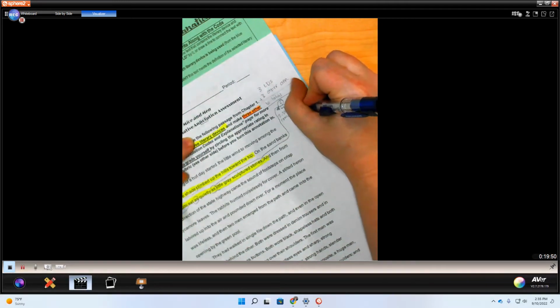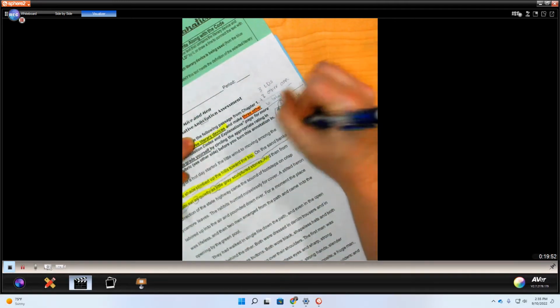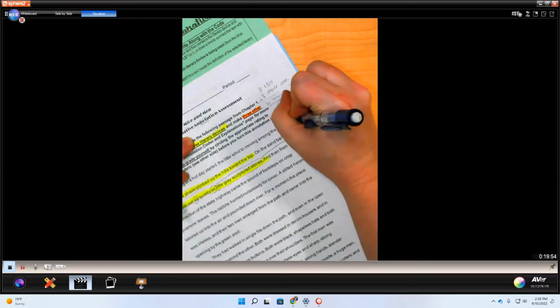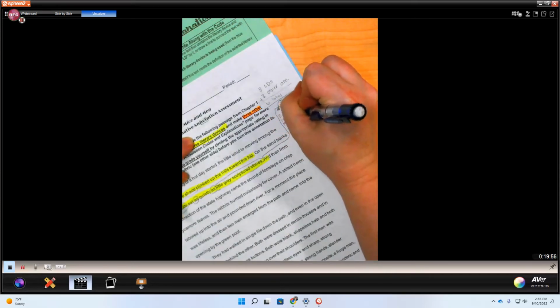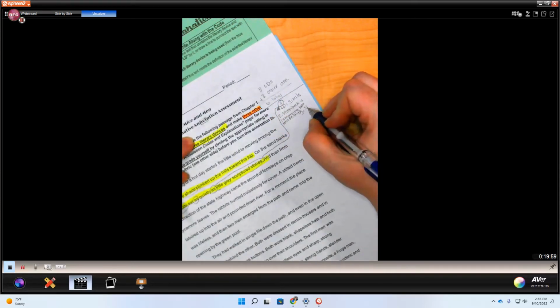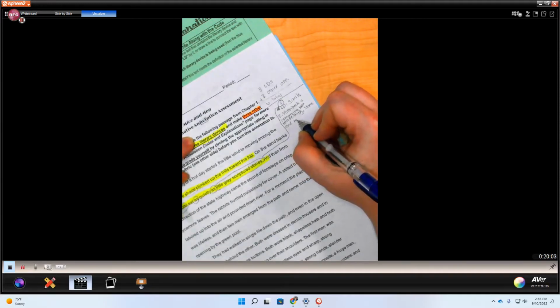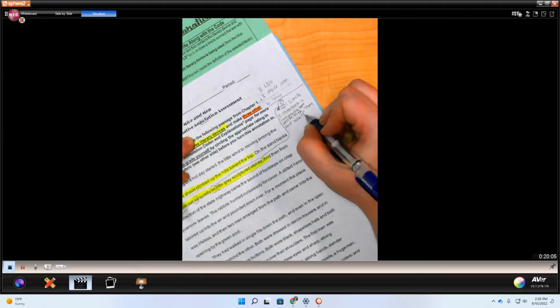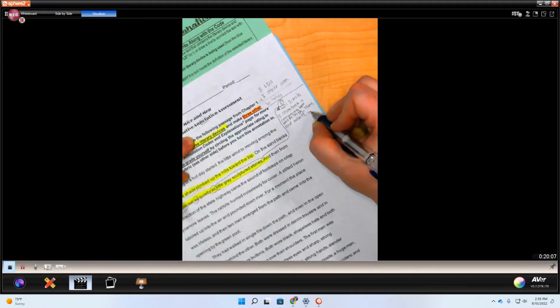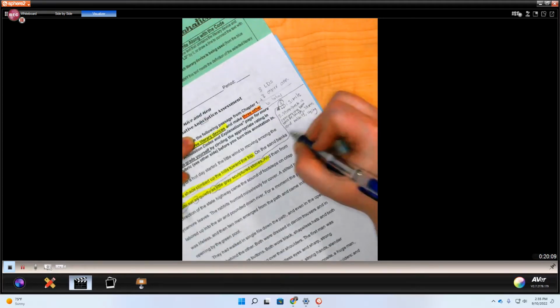Comparing two unlike things, which are stones and rabbits, using as. Okay, so I did that.